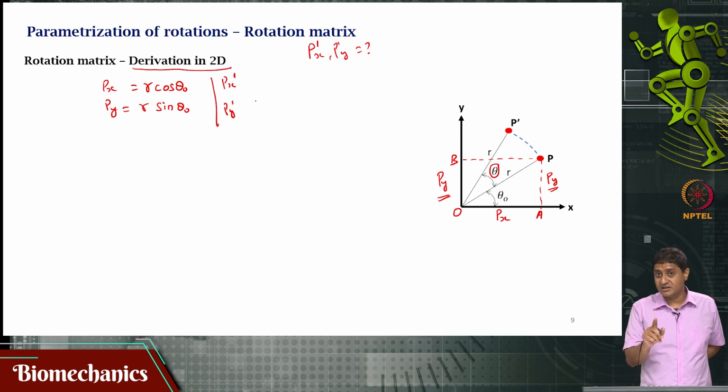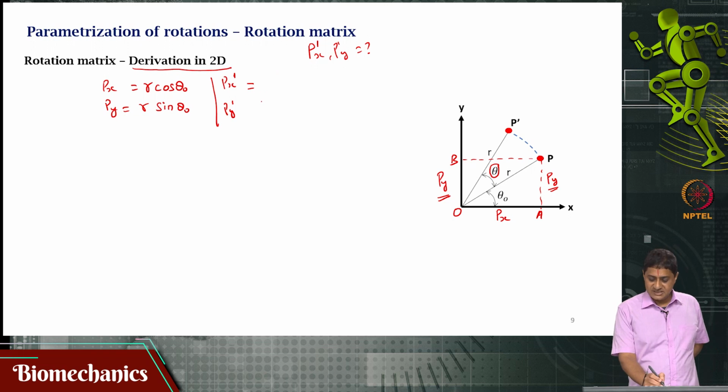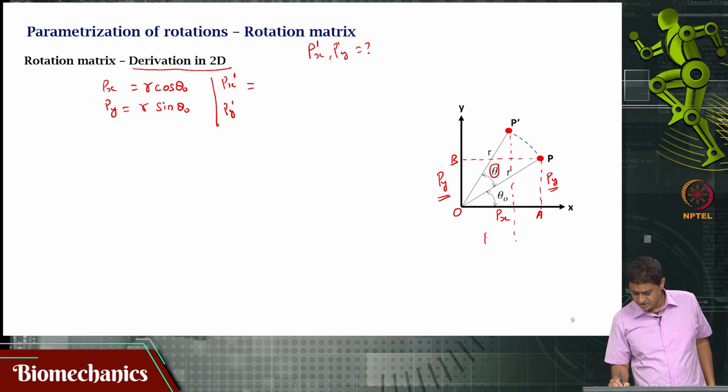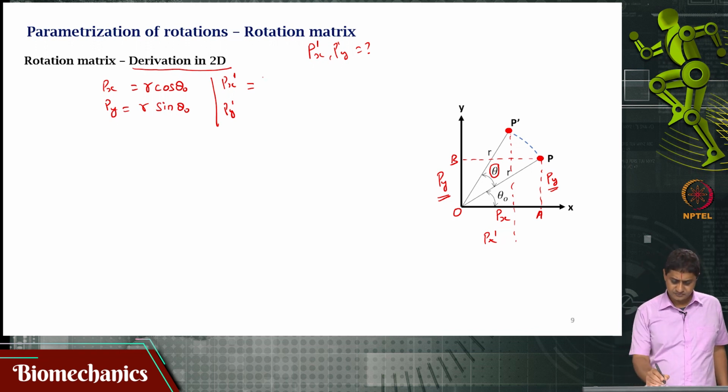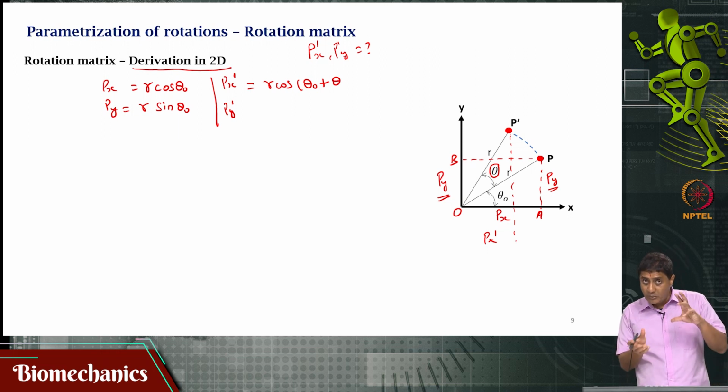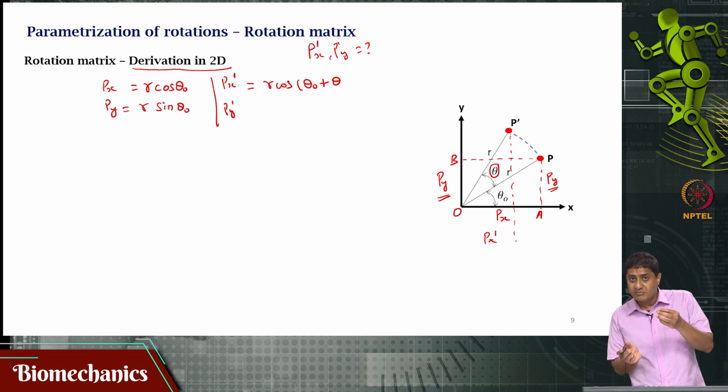So, Px dash is r cos of theta naught plus theta, by the same logic, because this is forming the adjacent side of the right triangle, and there is one more theta because the rotation has happened by a value of theta.